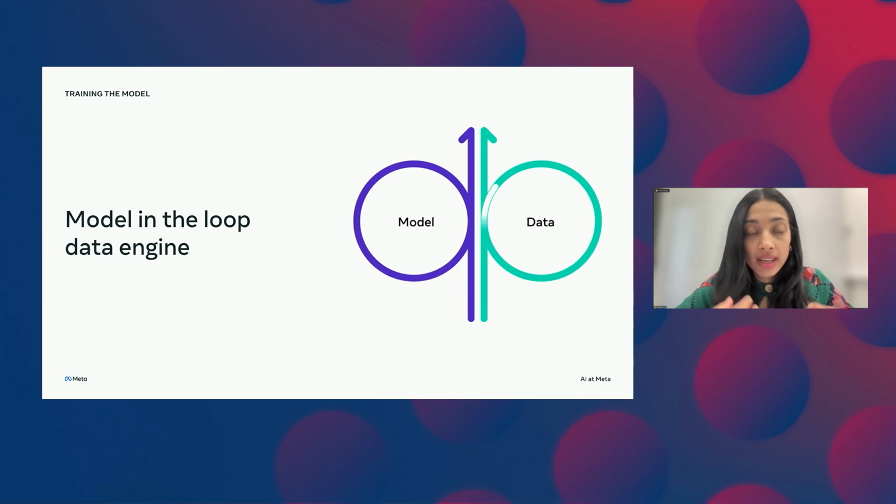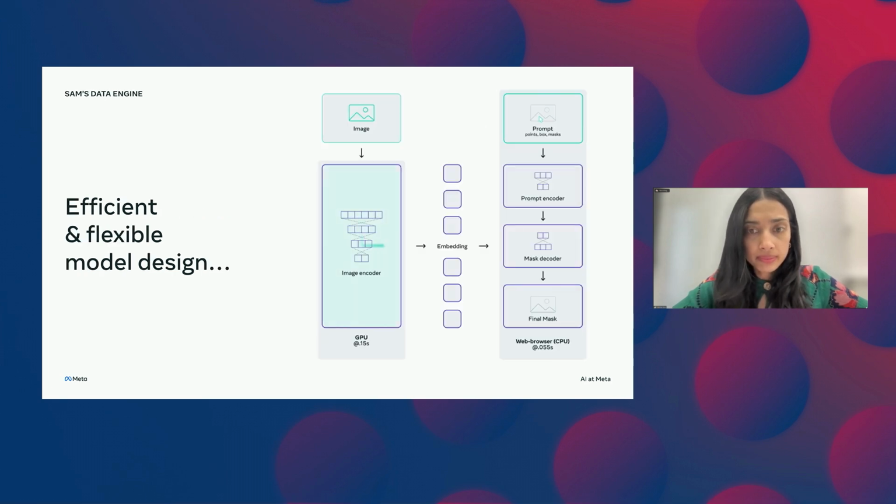So we take the model, we create an interactive setup with human annotators who then annotate masks, and we take that data and we use it to retrain the model. And we do this iteratively. And after a number of iterations, the data and the model both improve. And we call this a data model co-evolution. Next slide, please.